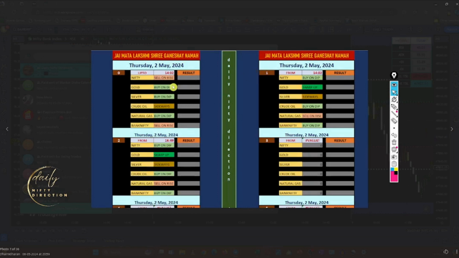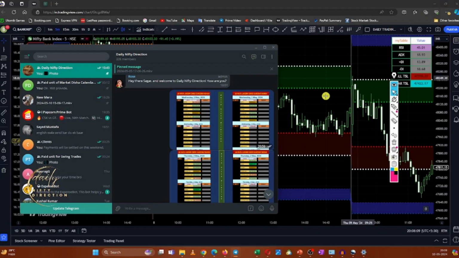Go to 2nd of May. Selling was expected for the major part of the day, and later buy on dip was to happen around 2 o'clock. So let us see what happened on 2nd of May.